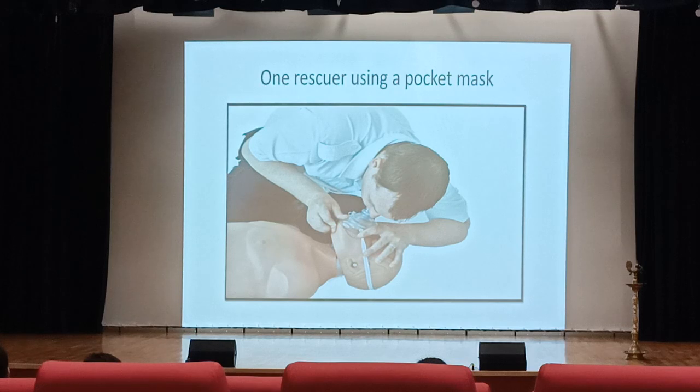In this picture we can see that he is using both his hands. He is using his left hand to make a seal using his thumb and index finger, and he is using the thumb of his right hand to tighten the seal, while the fingers of his hand lift the jaw. So he is providing head tilt, chin lift as well as a good seal using both his hands.